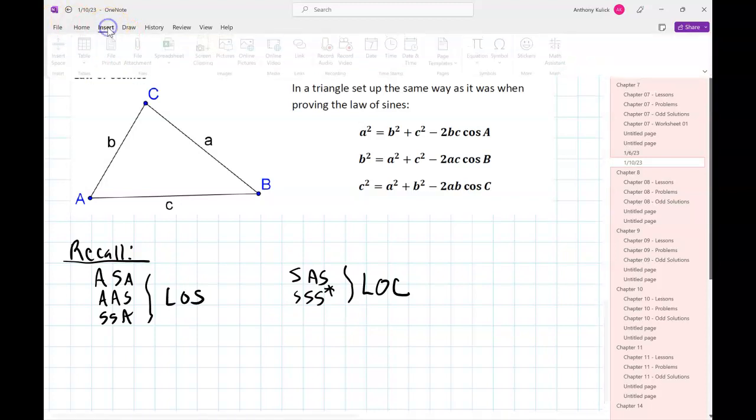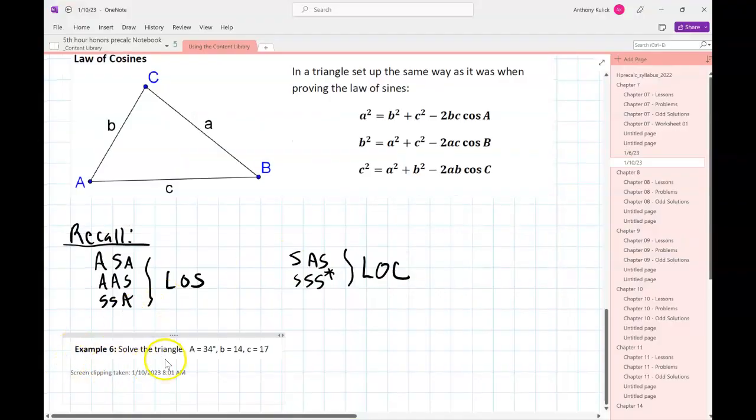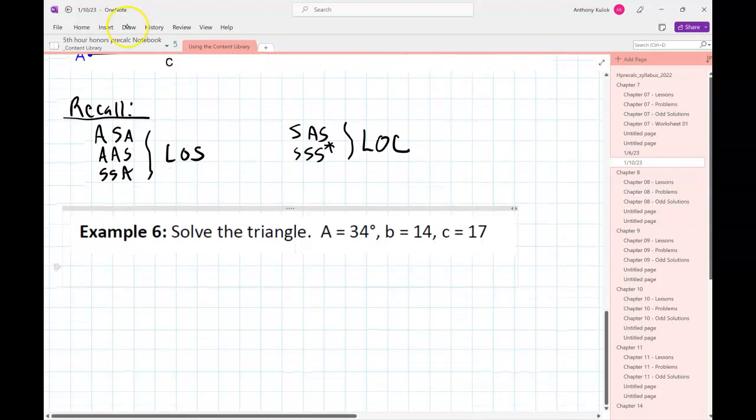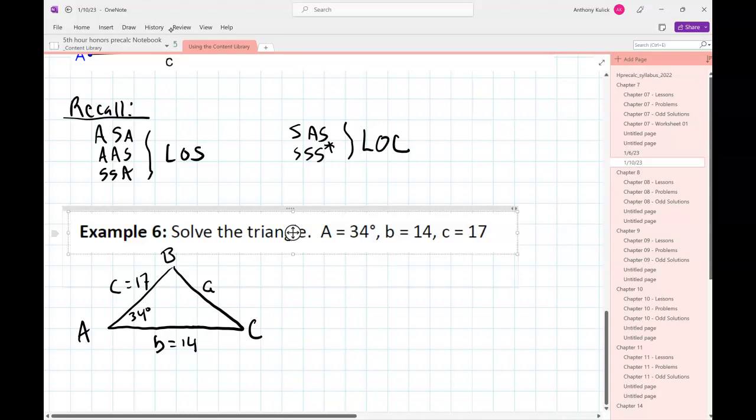Let's do a couple of examples now. So we're asked here to solve the triangle ABC that has the following measurements. So I'll just kind of start my usual way and draw myself a picture. If I look at that picture, which situation am I in?